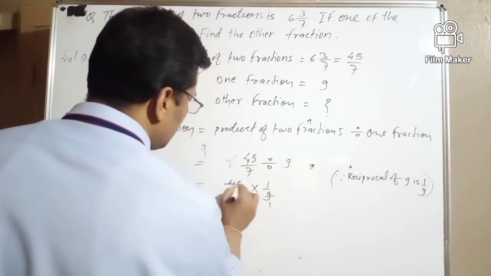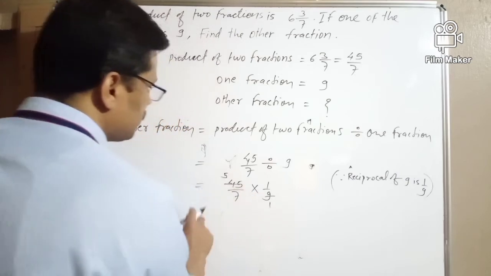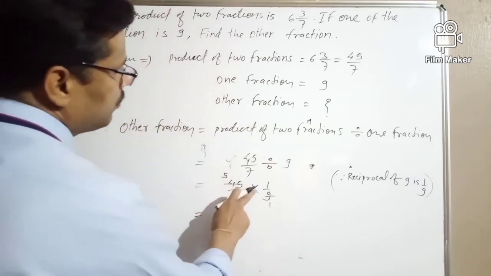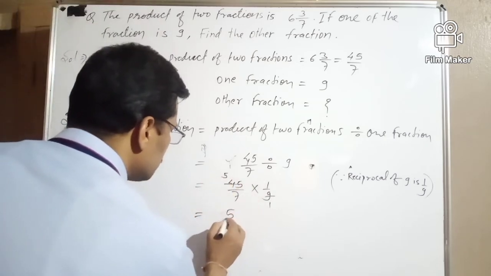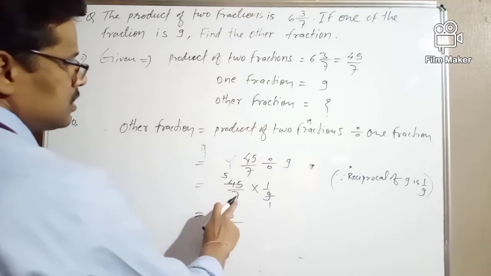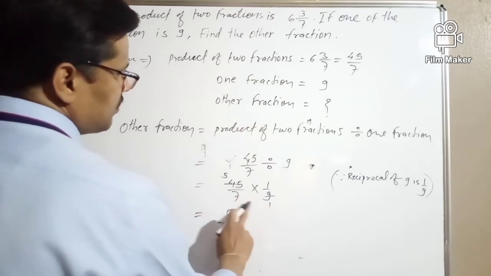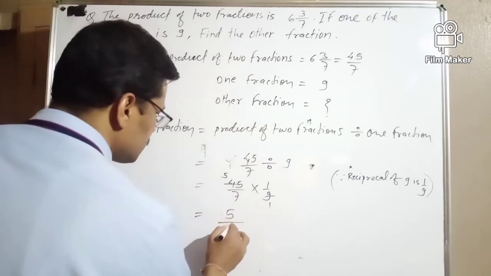9 ones are 9, 9 fives are 45. Now what will be left in the numerator? 5 into 1, so multiply: 5. In the denominator, 7 into 1, so multiply 7 and 1: 7.